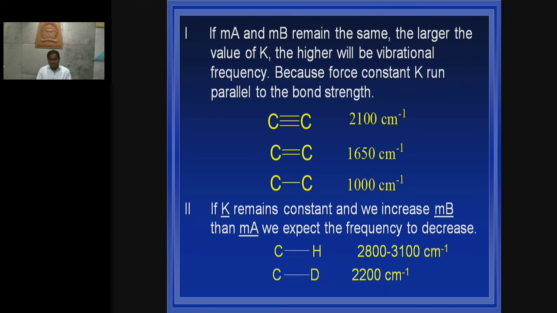Carbon is the same in both cases, but the second atom is hydrogen in one case and deuterium in the other. Deuterium has more mass compared to hydrogen, and frequency is inversely proportional to the reduced mass. So if the mass of the atom increases, the frequency decreases, and that's why C-H is observed at 2900 to 3100, and the C-D bond is observed at 2200.